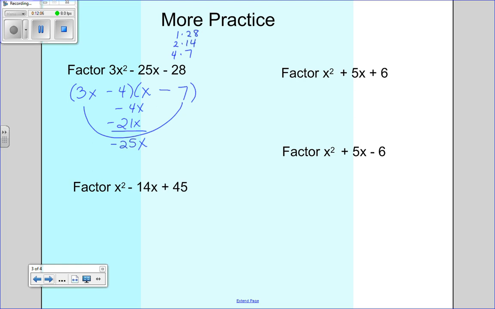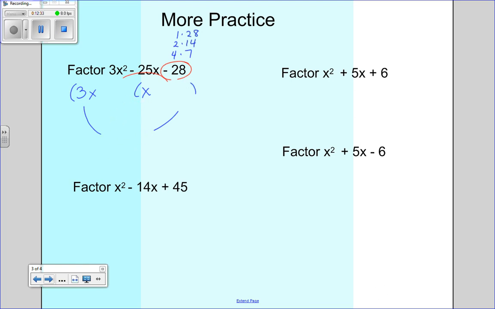When I multiply negative 4 times negative 7, I get a positive 28, not a negative 28. And we need a negative 28 for our last times last. So that tells me that 4 times 7 is the wrong option, and I need to erase the 4 and the 7.